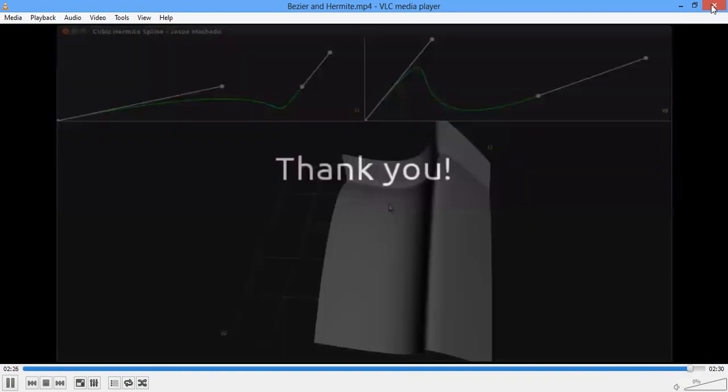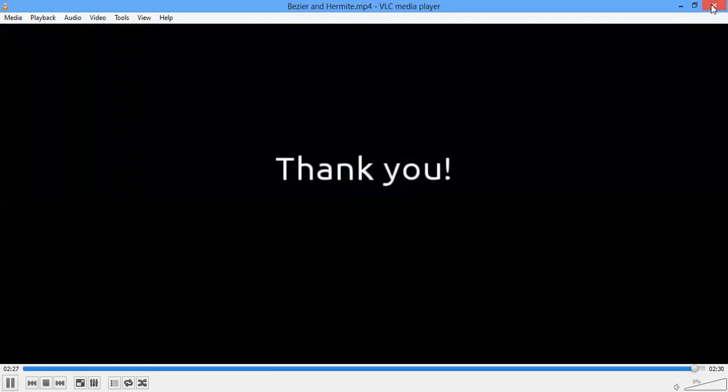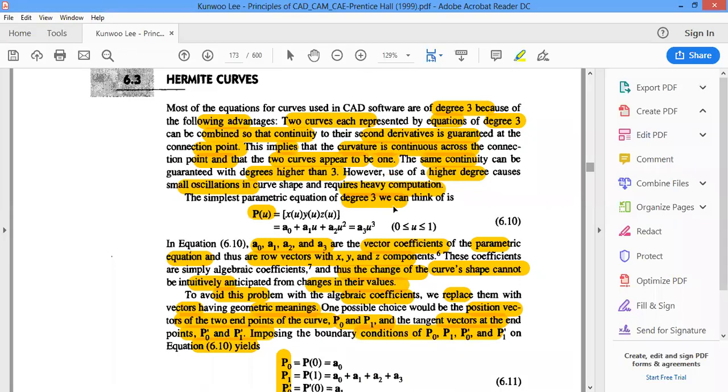Now we'll go to the equation part of this. For the Hermite curve, generally what they do in CAD software is that, be it any type of curve, it is restricted to 3 degrees. That is the equation.